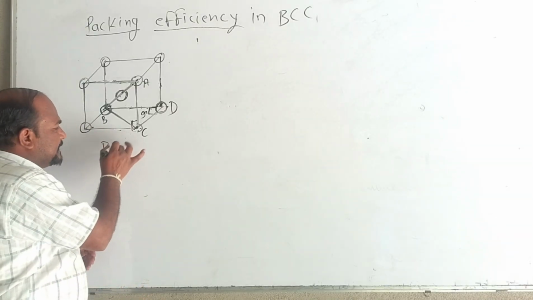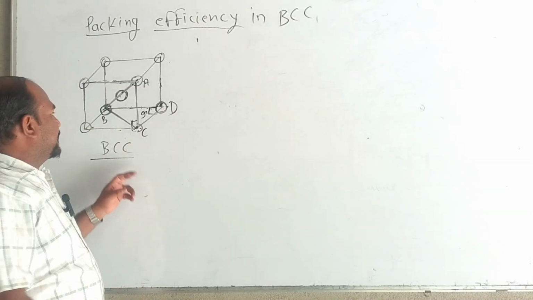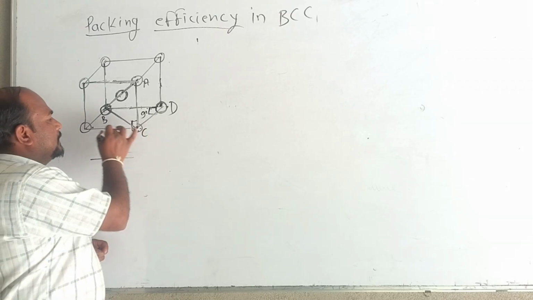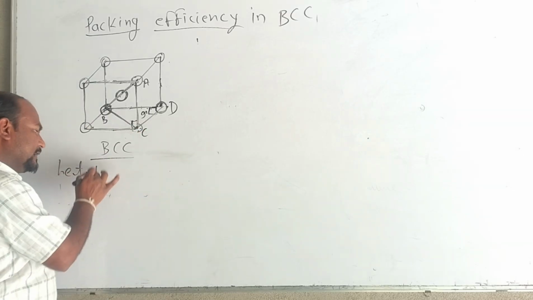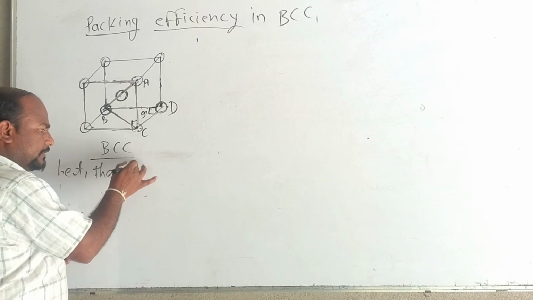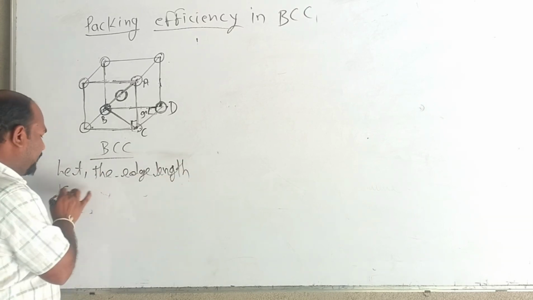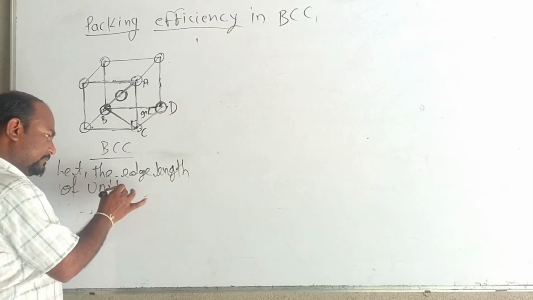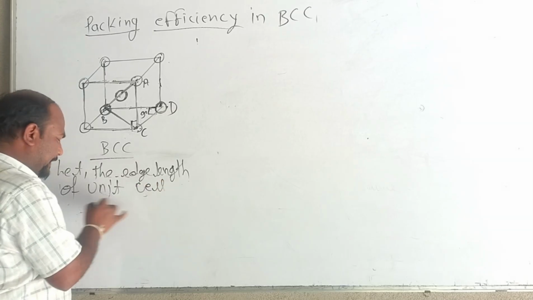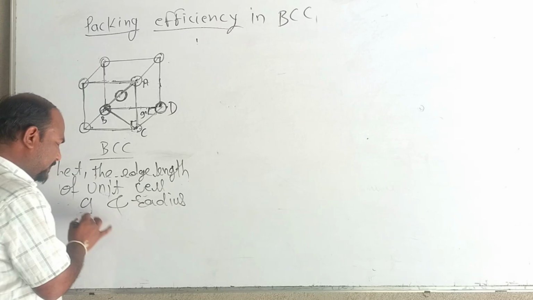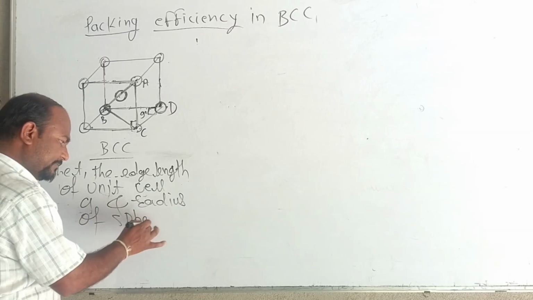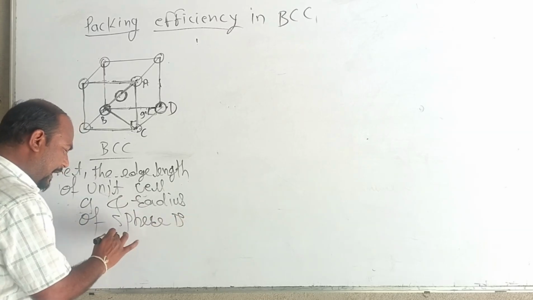So in this BCC diagram or unit cell, let the edge of the unit cell be a and the radius of the sphere be r.